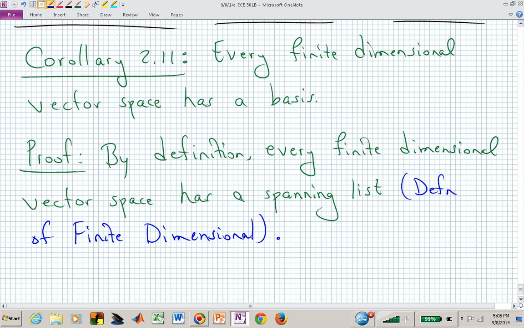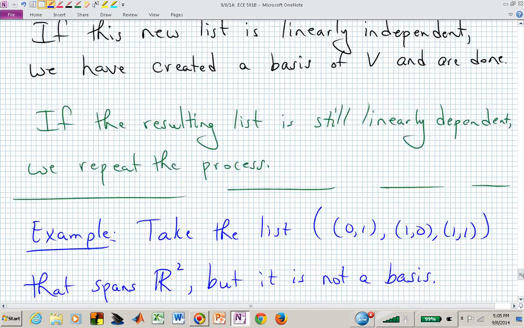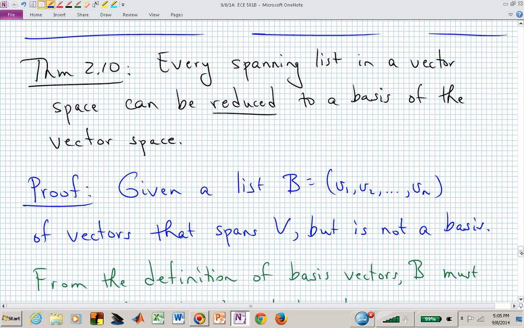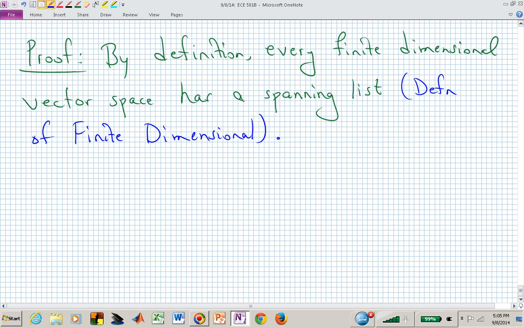Well, if we have that much, from our previous theorem, we can reduce that spanning list as much as we want until we've gotten just a linearly independent set. So we're basically done if we've found a spanning list.